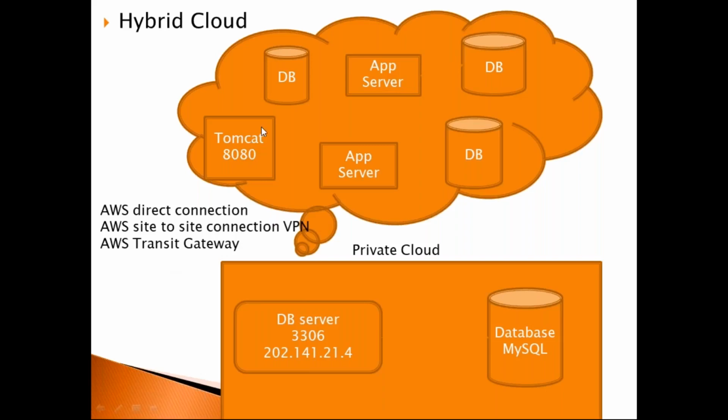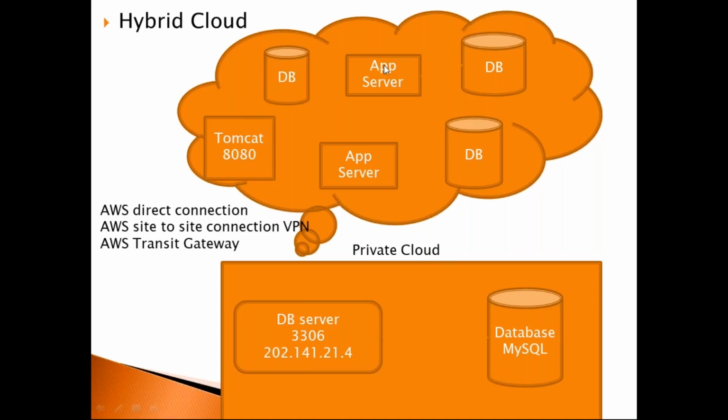So your app servers, DB servers, as I told you, every user will have some piece of information that is private, some piece of information that is public. Whenever we are storing some information, I need a database. So whatever private information will be stored in a private cloud, database in the private cloud, whatever public information will be stored in a public cloud.